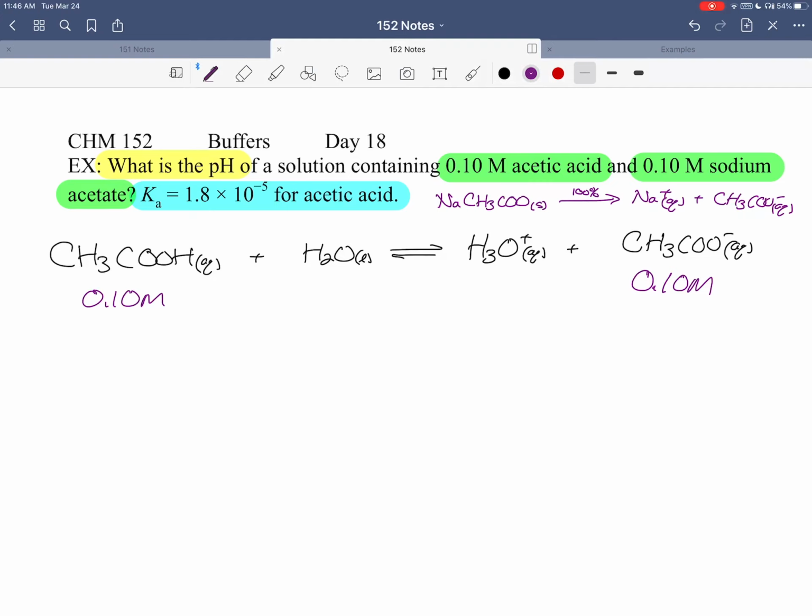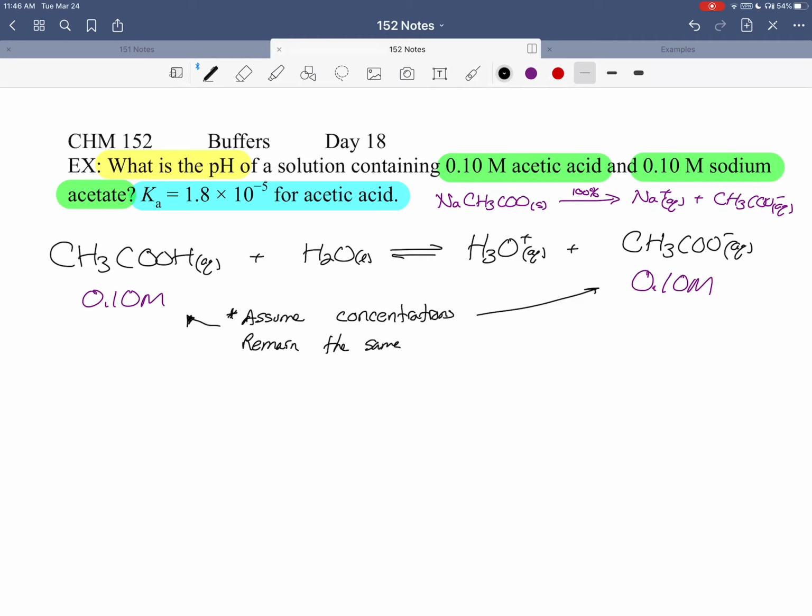Now, we are going to assume our concentrations of acetic acid and sodium acetate remain the same, right?